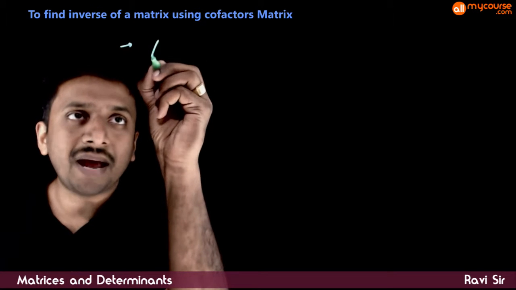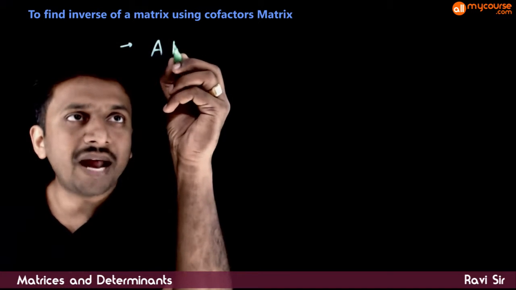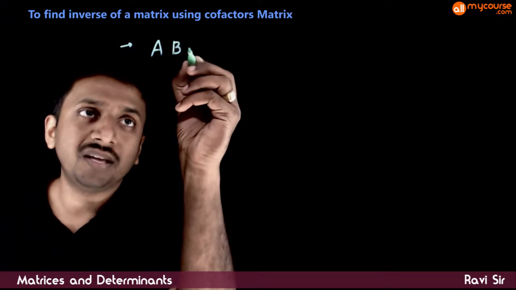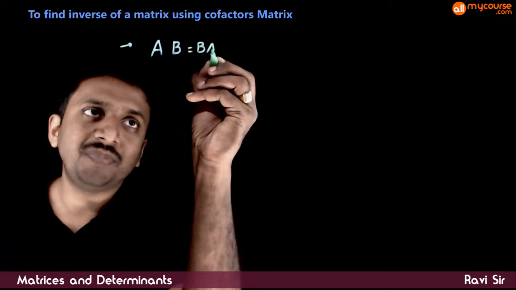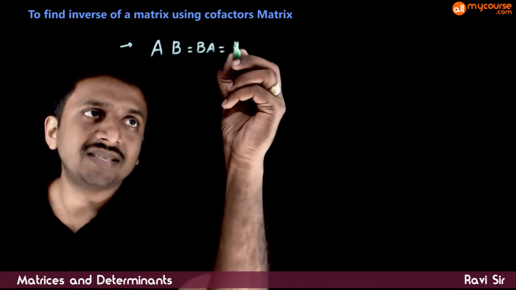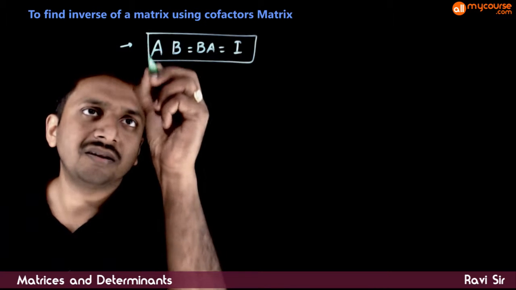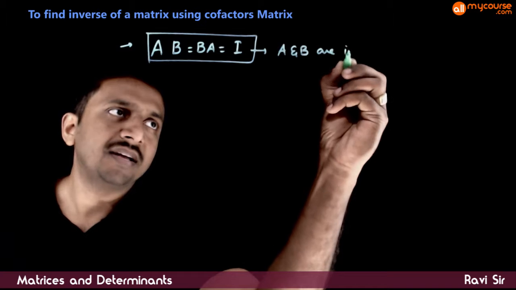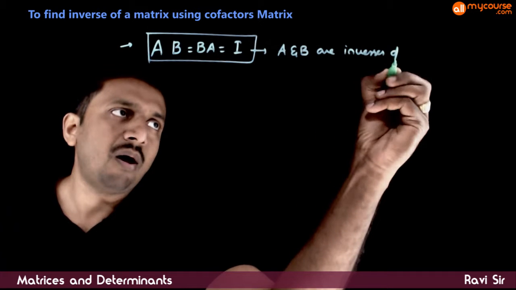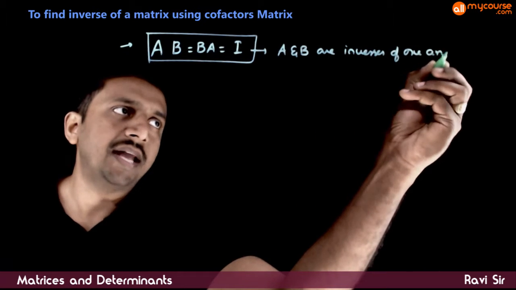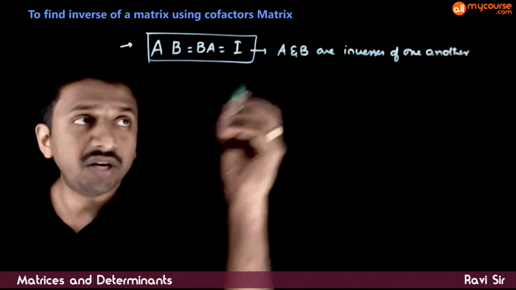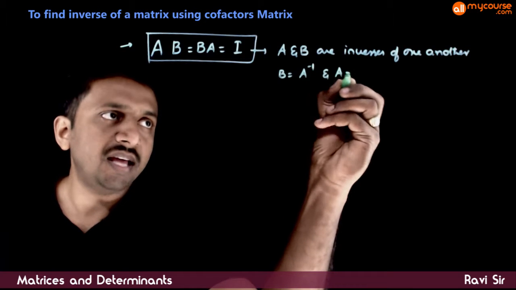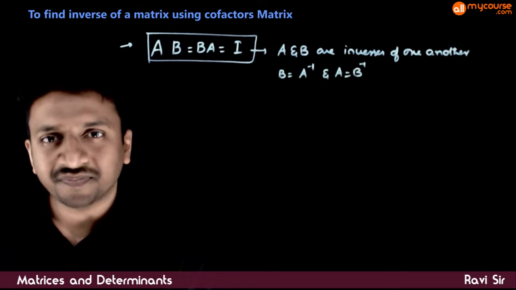If you have a matrix A and a matrix B such that A into B is the same as B into A is the same as the identity matrix, we say that A and B are inverses of one another, and we denote B is equal to A inverse and A is equal to B inverse.